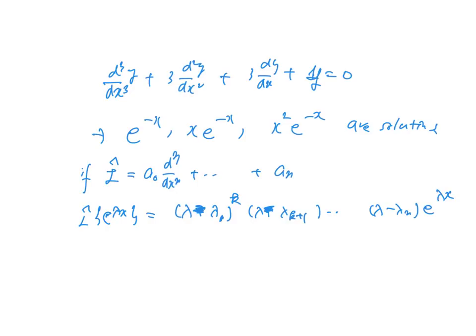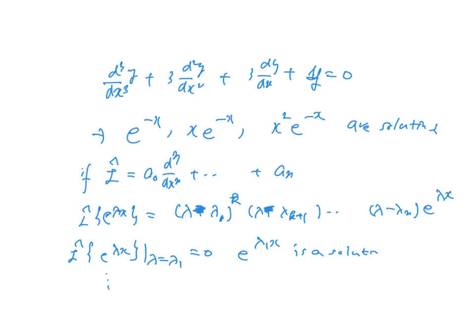Say if we have a k-fold root for lambda equal to lambda 1, then obviously L applied to it is zero, right? So exponential lambda 1 x is a solution.